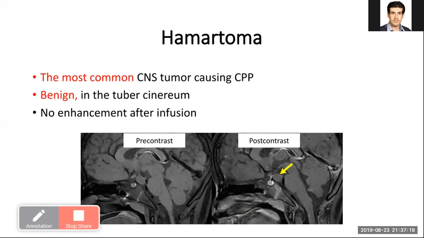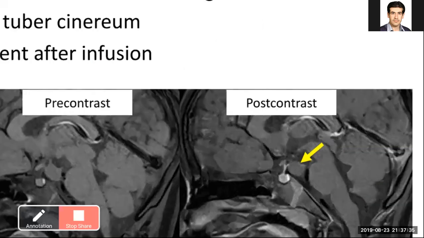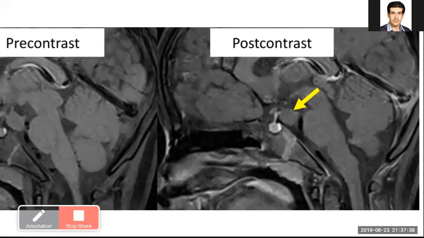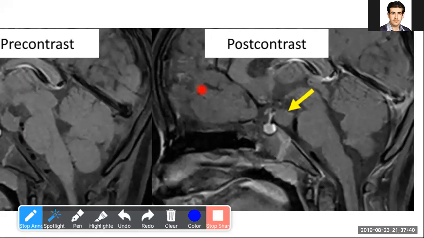As I mentioned before, in the tuber cinereum area, which is between the pituitary stalk and the mammillary body, we see this lesion, benign, and it doesn't enhance after gadolinium. You see this? It is not enhancing. The pituitary stalk and the pituitary gland are untouched, and this lesion here is unenhancing after gadolinium.